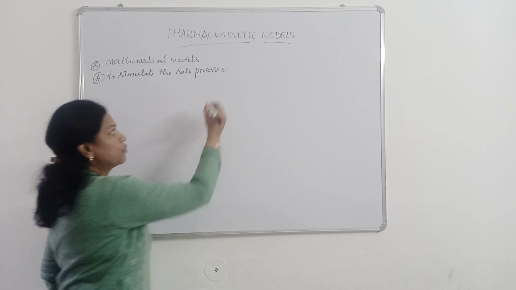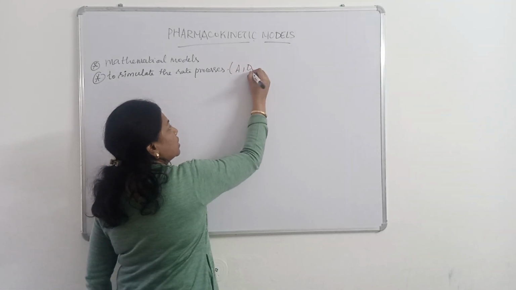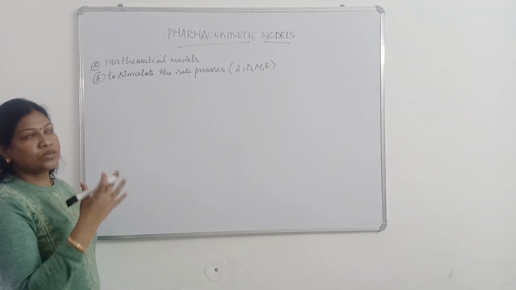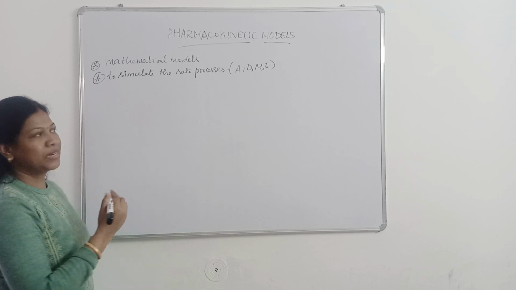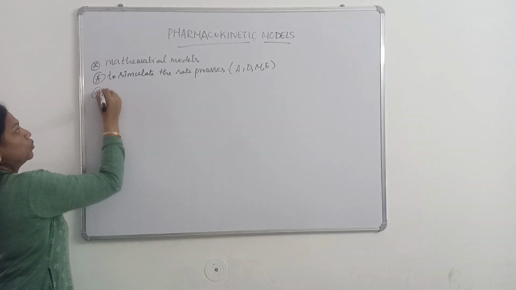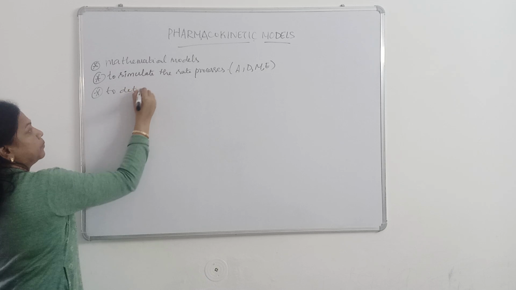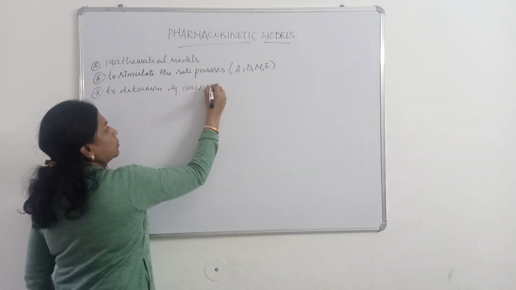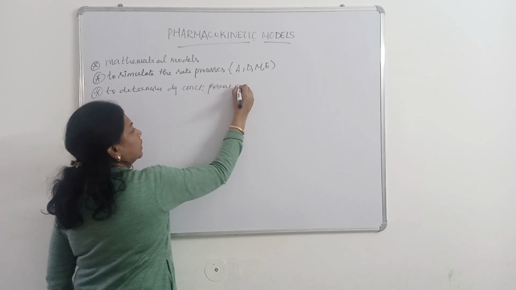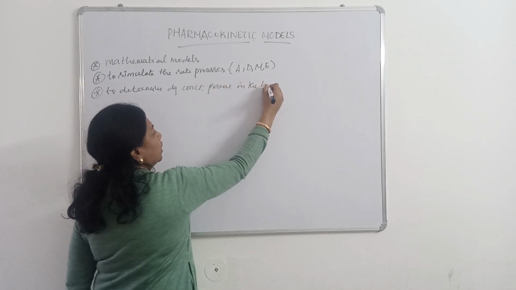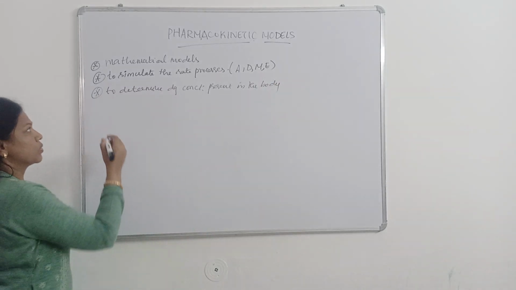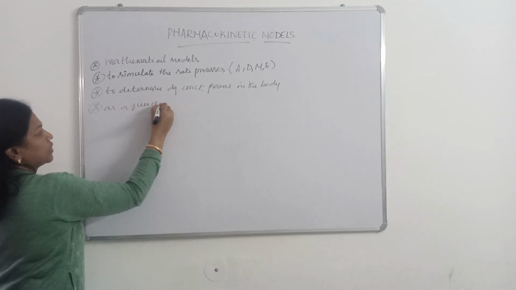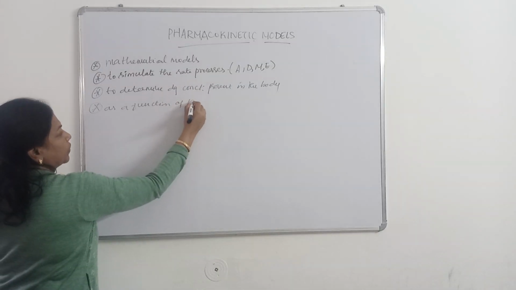What are the rate processes involved in the body? Absorption, distribution, metabolism and excretion. These rate processes will be simulated with the help of these mathematical models. What for? To determine the drug concentration present in the body. The body includes plasma as well as all the tissues, as a function of time.